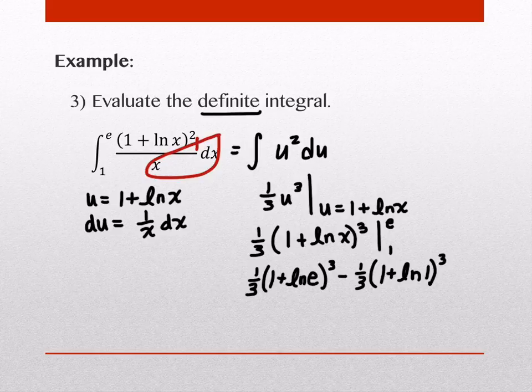And 2 cubed is 8 times the 1/3 in front gives me 8/3. The second one, natural log of 1, is 0. So I have 1 plus 0, so I get 1. And 1 cubed is 1. And then 1 times the 1/3 is 1/3. So this is 8/3 minus 1/3 for a grand total of 7/3.